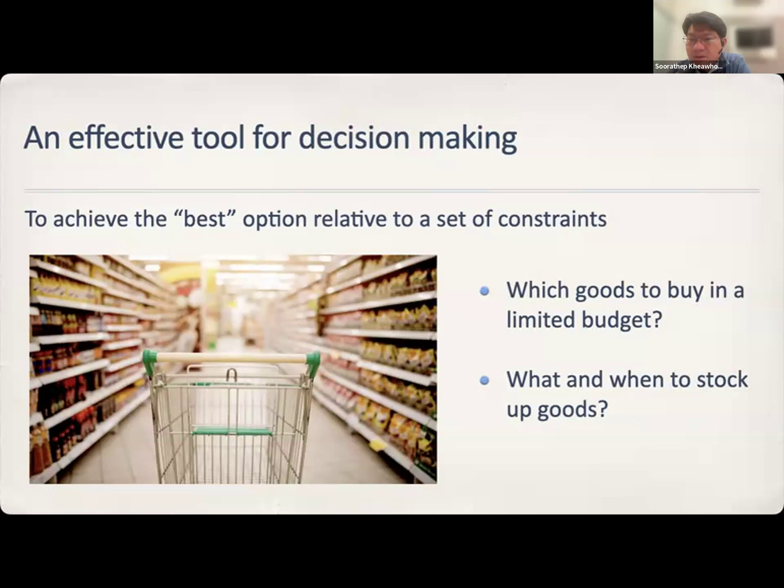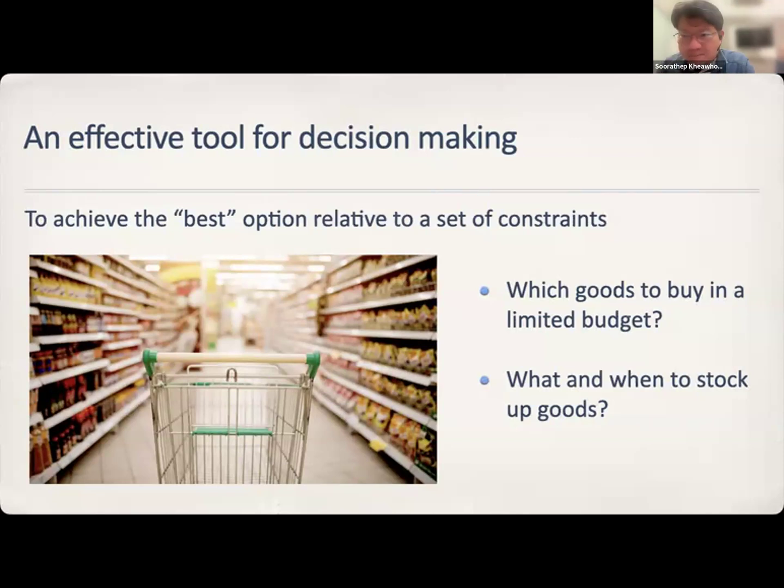So normally you have a list of items you want to buy. And you have a limited budget or an unlimited budget? I have a limited budget. Yes. And also you have choices, right? In the supermarket, for example, if you buy detergent, you have multiple choices.